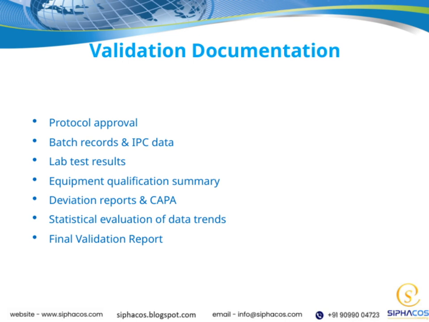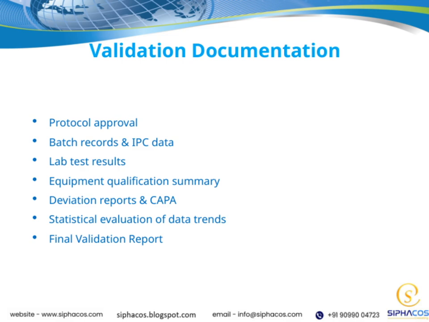Equipment qualification summary is also crucial, as it confirms that all equipment used in manufacturing and testing is properly qualified and functioning correctly. We then examine deviation reports and CAPA, or corrective and preventive actions, to address any issues that arose during the process and ensure they are properly resolved.